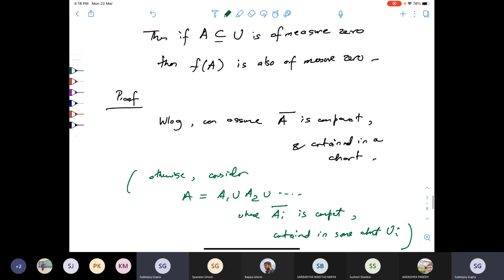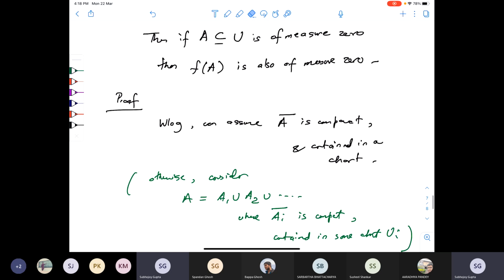Maybe I should have said, instead of without loss of generality, that it is enough to assume this, so it is enough to prove this case, assuming that A bar is compact.